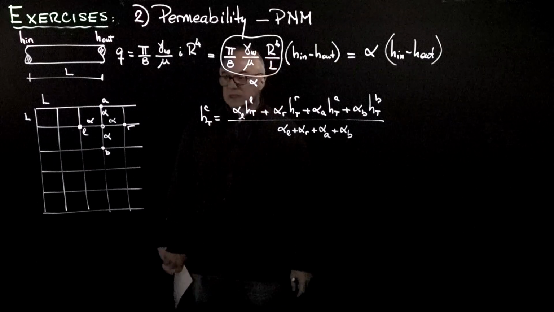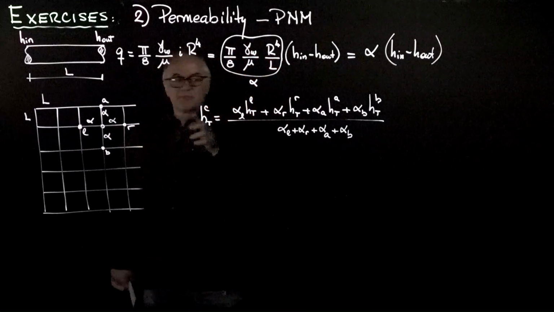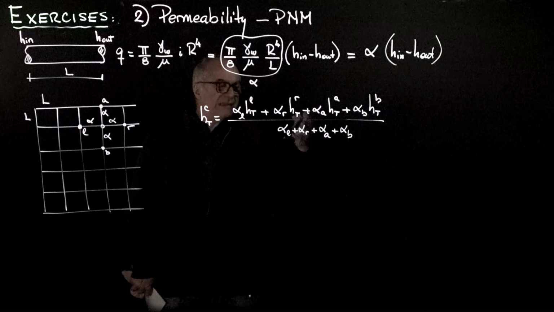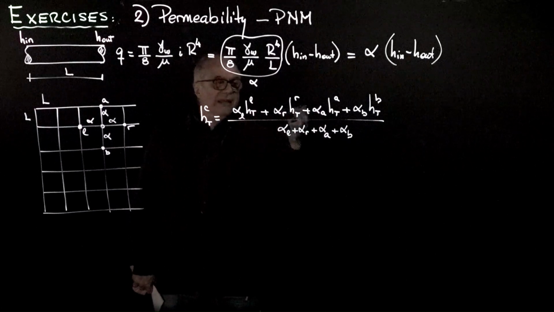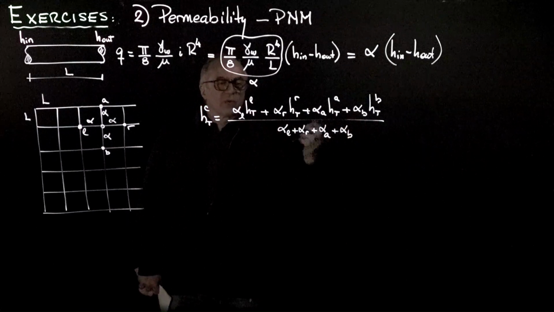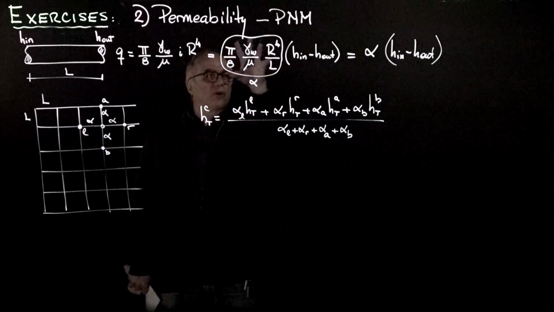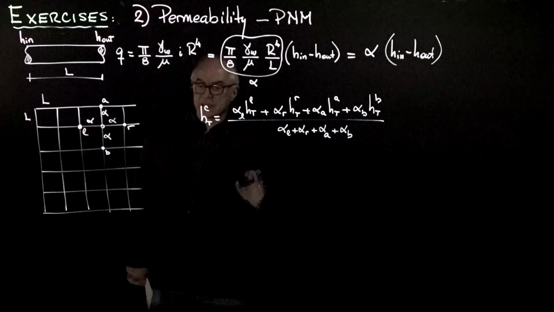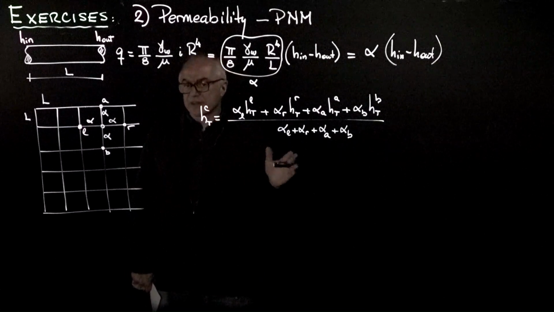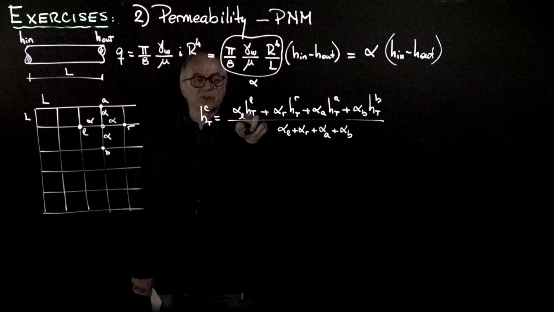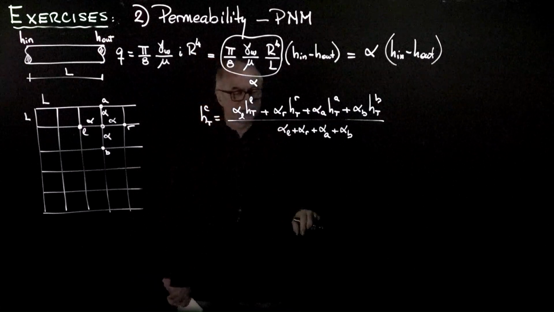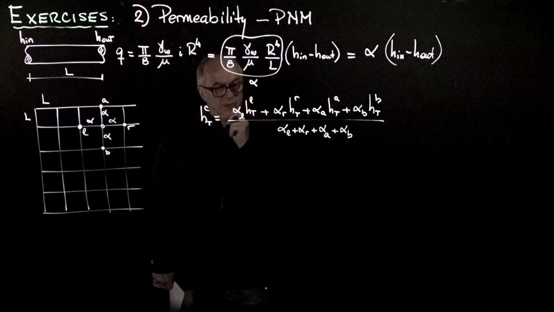So the total head at the center node becomes this weighted average of the total heads at the neighboring nodes, weighted by the alpha values, which is this whole factor for each tube. Each tube may have a different radius, and so you will have to compute alpha value for each tube. And this is the way we proceed.